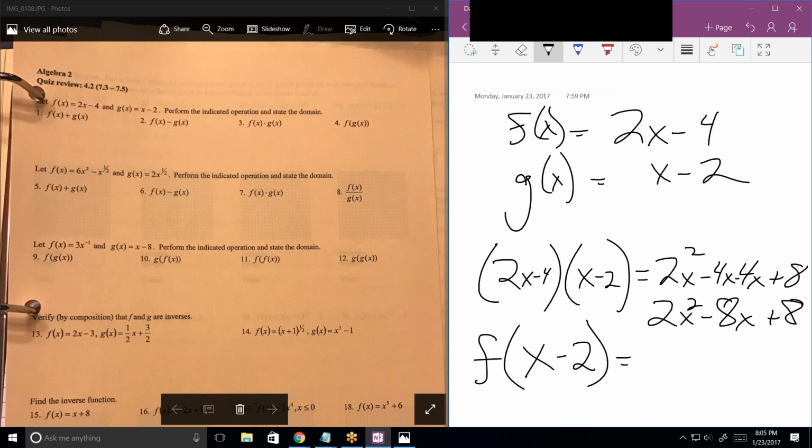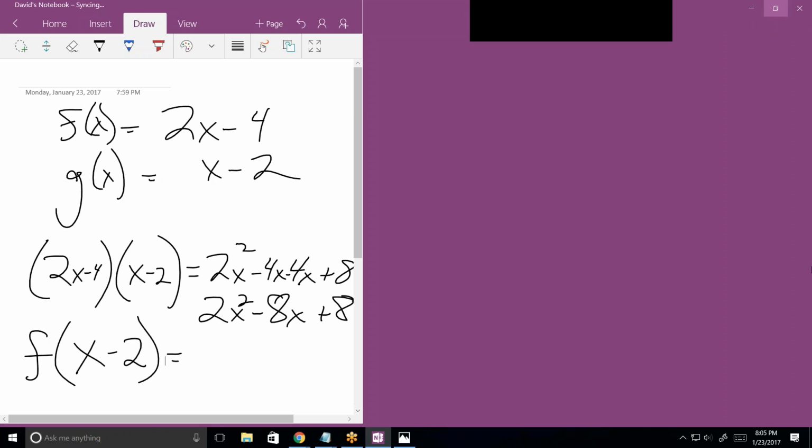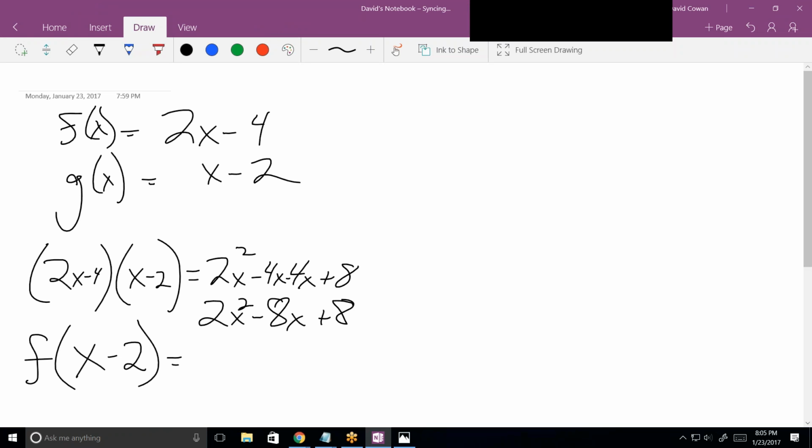What's the next step? What is f of x minus 2? Well, no. What I mean by that is let's figure out what it is. The next proper step: if f of x is 2x minus 4, what's f of 3?